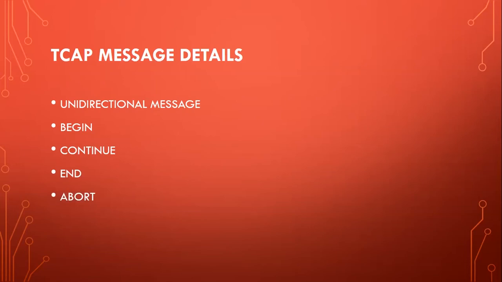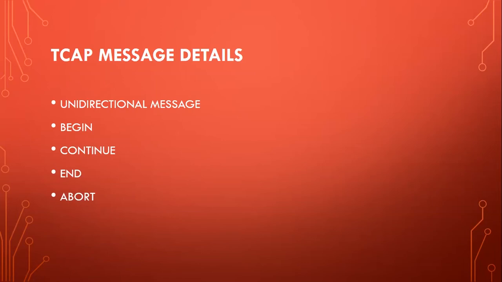We have abort. The abort is used to abort a structured dialogue. As the name suggests, that's the work of these specific message types on the TCAP layer. There's something to note on the abort message type.